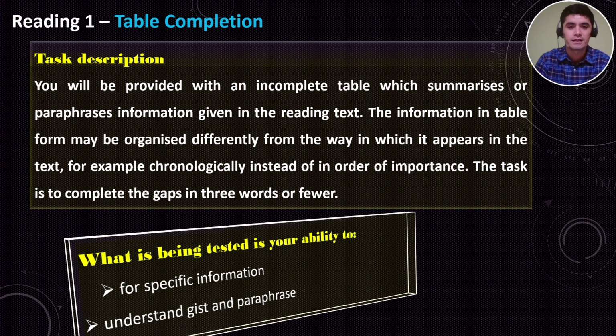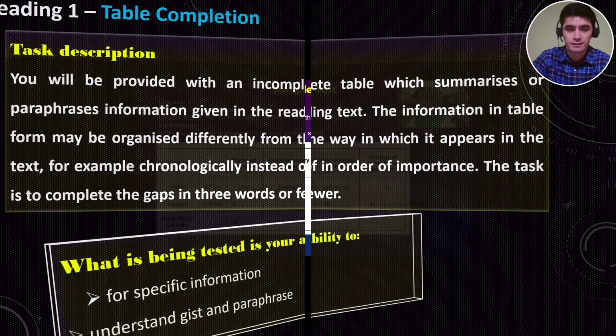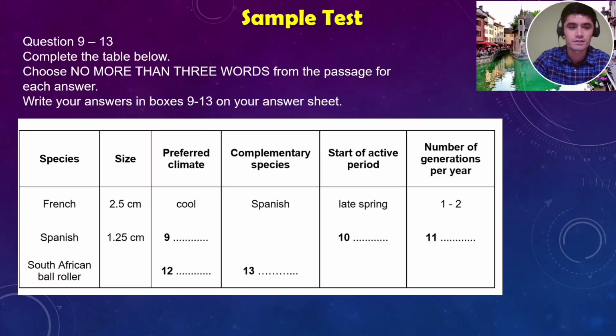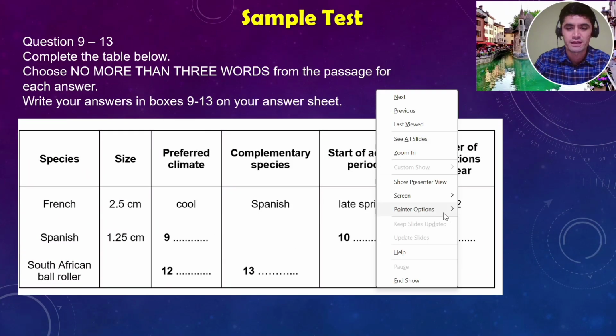The main goal of this kind of question is to test your ability to look for specific information in the text or to understand the gist and paraphrase. So this is a sample test of table completion.